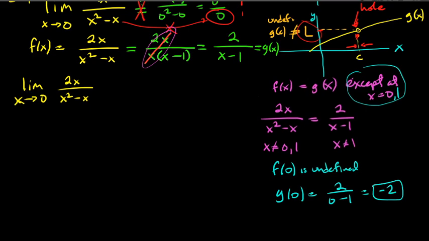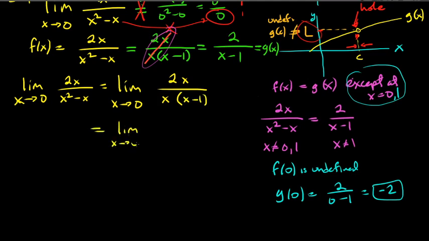So how can we find the limit? Well, here's how. We're still going to write limit; we do that at the very end. X is approaching 0, and I'm just going to simplify this function, as I did already. I factor out the x, and then I can cancel the factor of x in the numerator with the factor of x in the denominator.